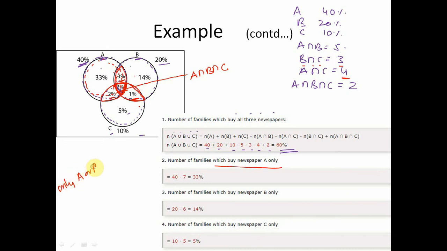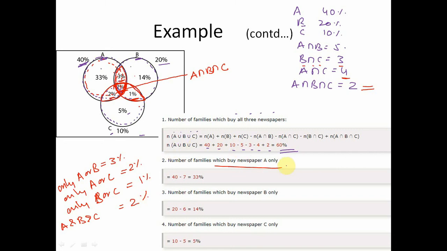Only A or B we have calculated as 3%. Only A or C we have calculated as 2%. Only B or C we have calculated as 1%. And A and B and C we have been given as 2%.